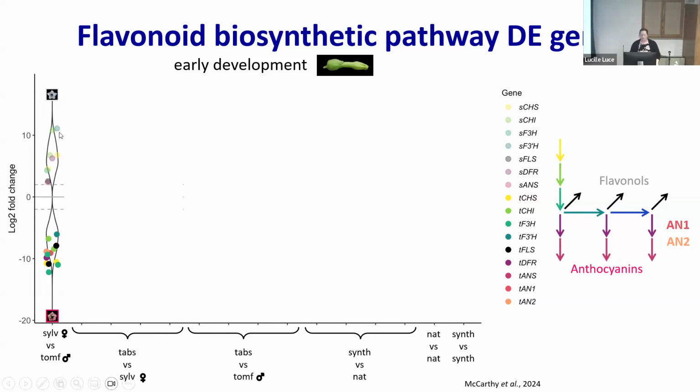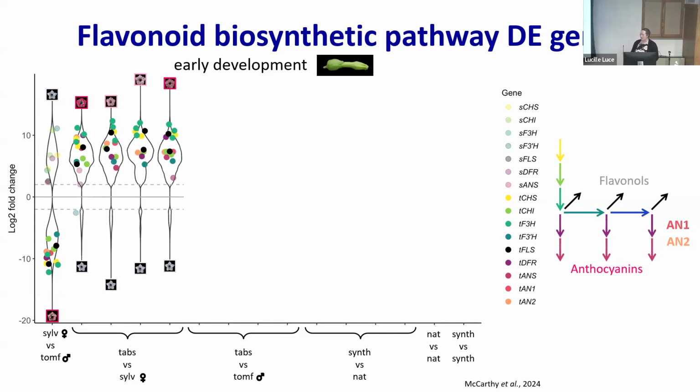So our sylvestris homologs are upregulated in sylvestris, our tomentosiformis homologs are upregulated in tomentosiformis. When we compare our tobaccums, our polyploids, to our maternal progenitor, unsurprisingly, we see that our paternal homologs are upregulated in the polyploids compared to their maternal progenitor.